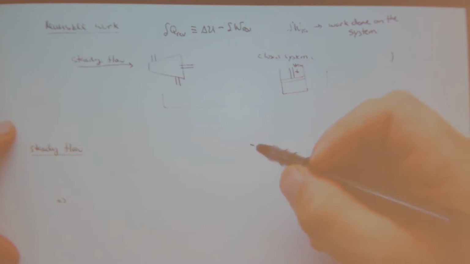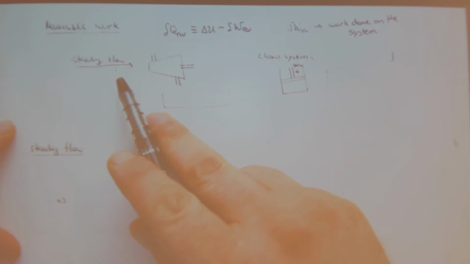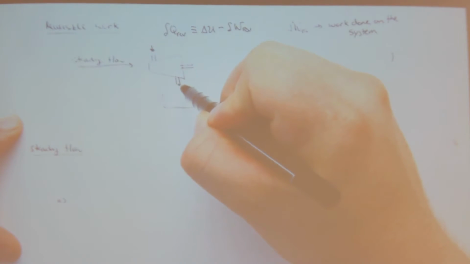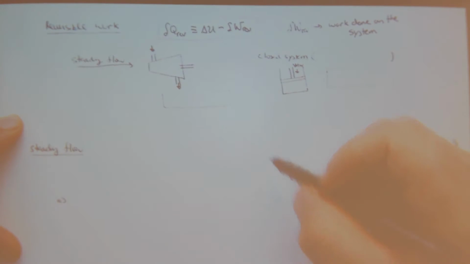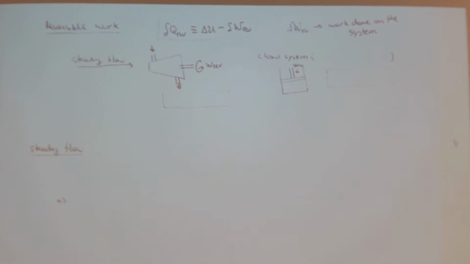Okay. So reversible work, I can have a steady flow problem. So I have mass coming in and mass leaving, and my turbine is, let's say, doing reversible work output.